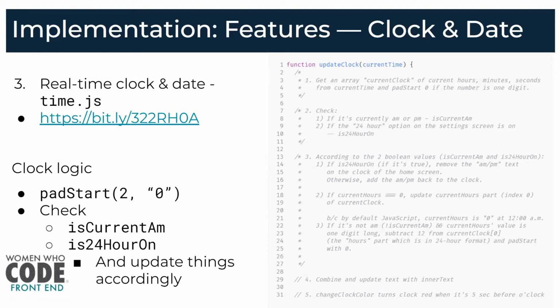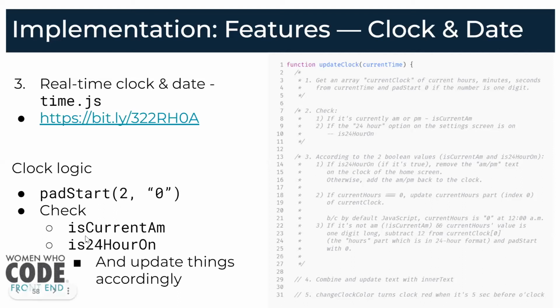So what padStart is doing is that if I do 1.padStart(2, 0), and the length of the string is less than 2, I add 0 until the length of the string becomes 2.